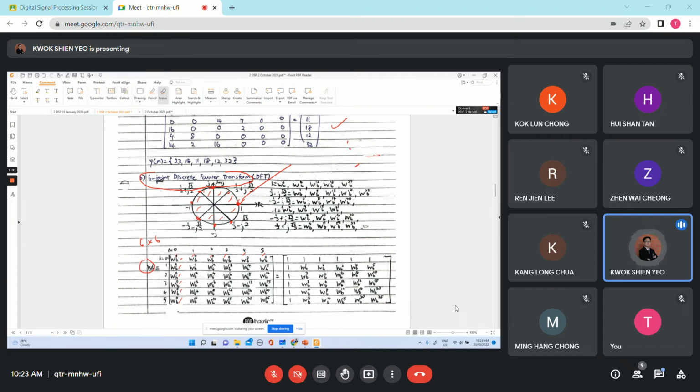So this diagram, how do you change this 2 pi into 6 sections? So 2 pi divided by 6 is 1 over 3 pi. 1 over 3 pi is roughly 180 divided by 3, which is 60 degrees per section. Right? So 60 degrees is like this, 60, another 60.